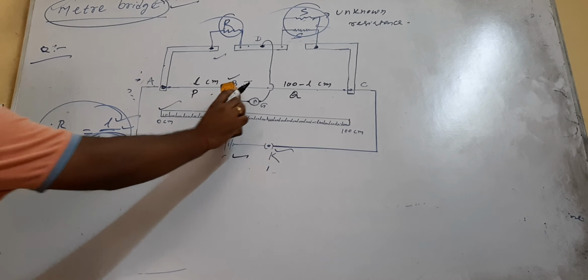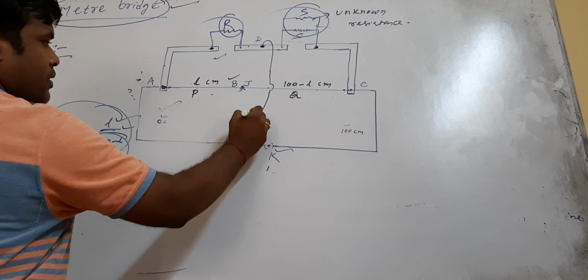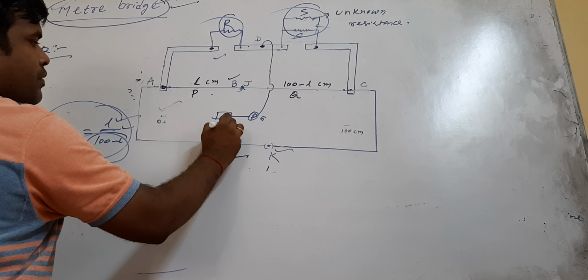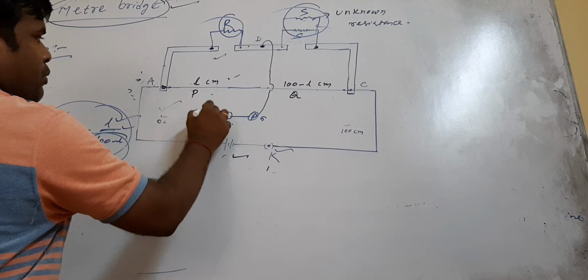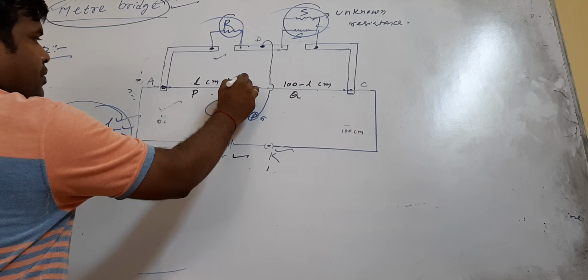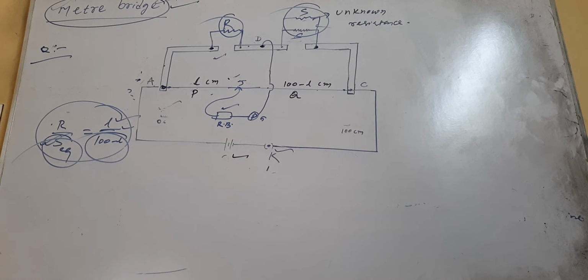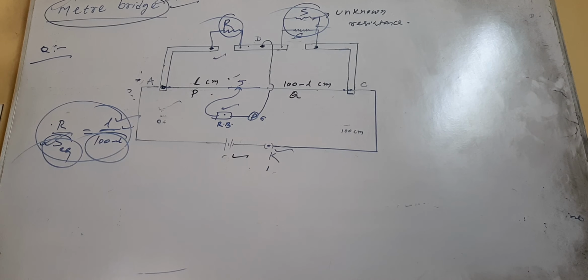Another resistance box, if you connect it in series with the galvanometer, and you are finding the null point here, if you increase the resistance in this resistance box, where will the null point shift? There is no change in the null point. Why?